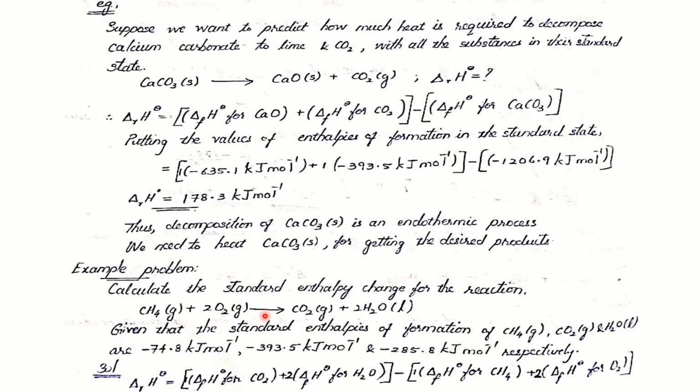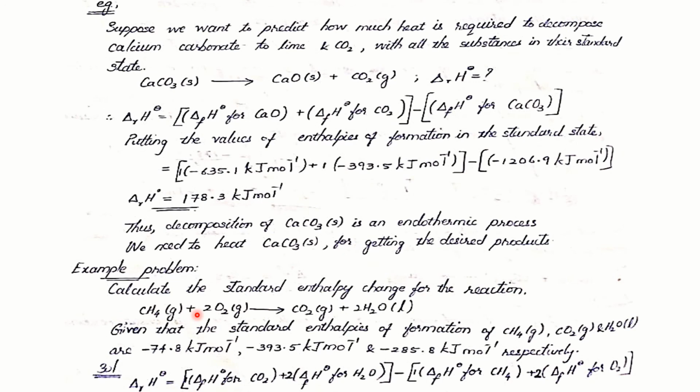Okay, so the enthalpies of formation of all the reactants and products are given. So we can substitute all these in the general formula for calculating the standard enthalpy change of the reaction, which is delta R H naught equal to the sum of standard enthalpies of formation of the products minus the sum of standard enthalpies of formation of reactants.